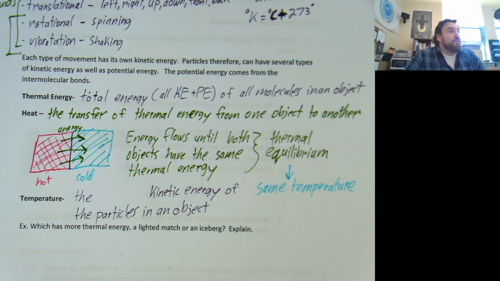So temperature drops out the potential energy. We don't care about potential energy if we're concerned with the temperature of an object. There is a mathy way that temperature gets calculated. Does anyone want to take a guess at what goes into that blank?